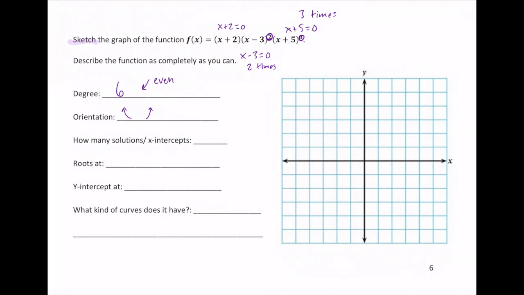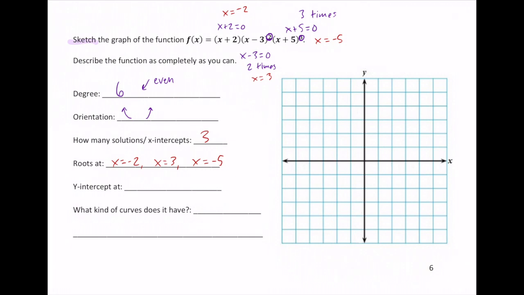So here we have x equals negative 2, x equals positive 3, and x equals negative 5. So we have 3 different answers, negative 2, 3, and negative 5. And those are where our roots are at.